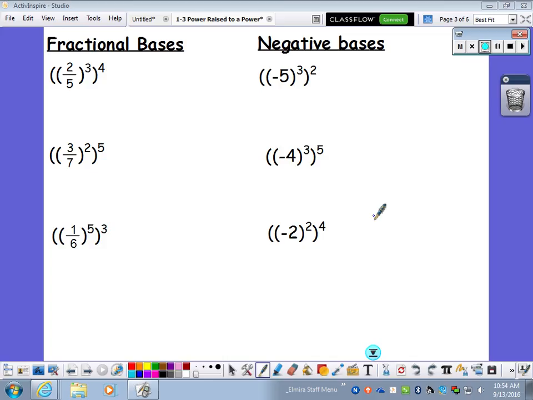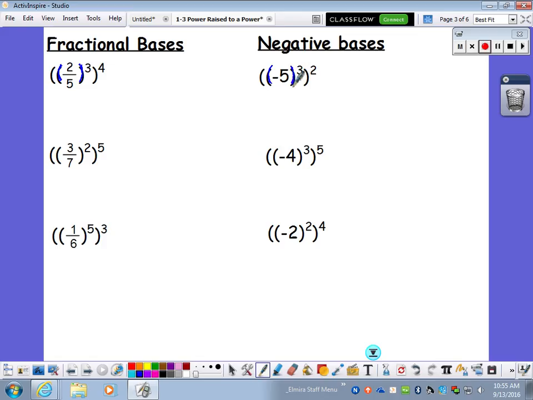Absolutely nothing changes just because you have a fraction or a negative base. The only difference you're going to see is that we said in class that fractions have parentheses around them and negative numbers have parentheses around them.